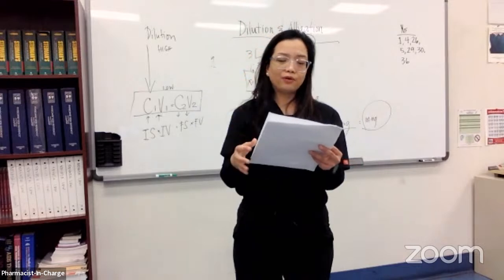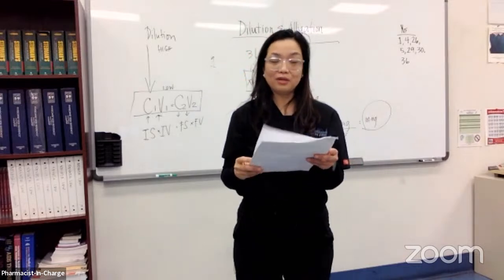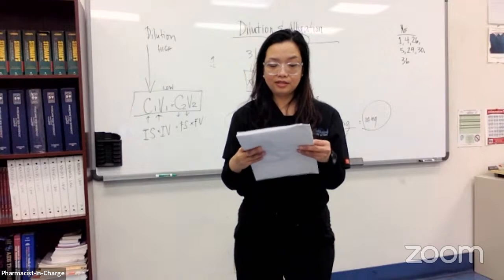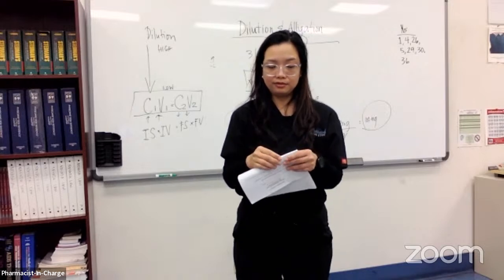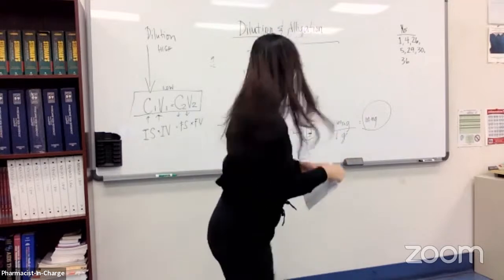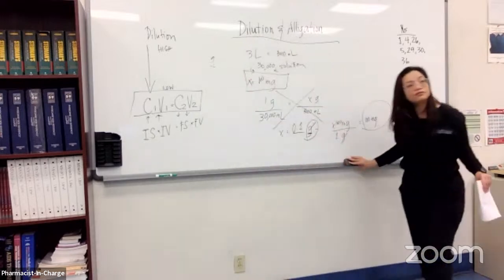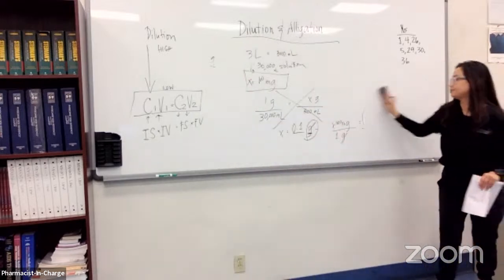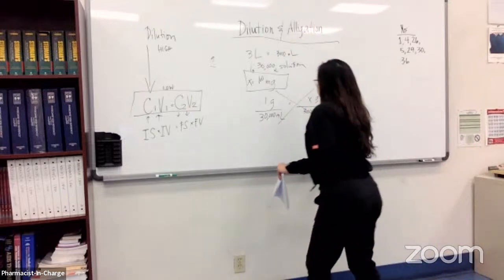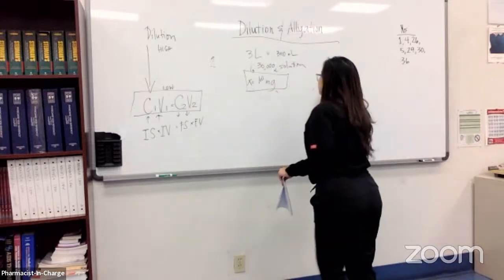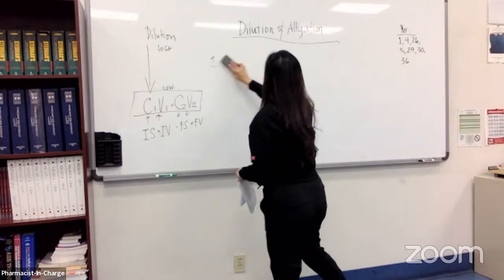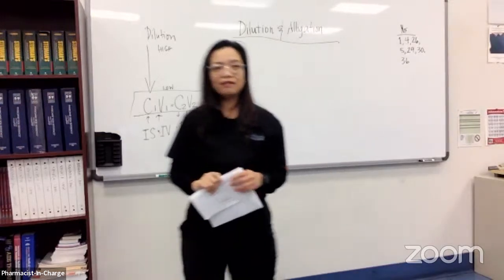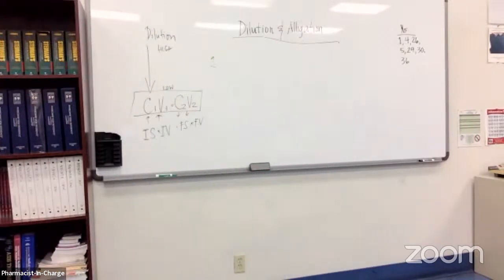Okay, number 4. Yeah, here we go. You want me to do this? Yes, no? Maybe so. Okay. Do this. Done? I'm moving on. And then after this, I'm going to have you guys go to the board.